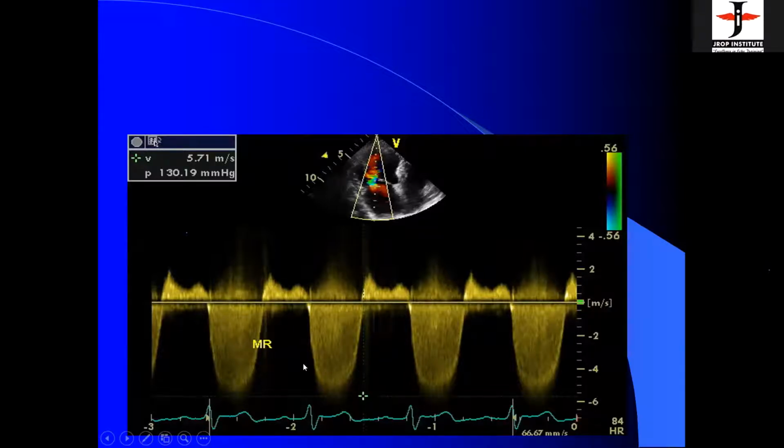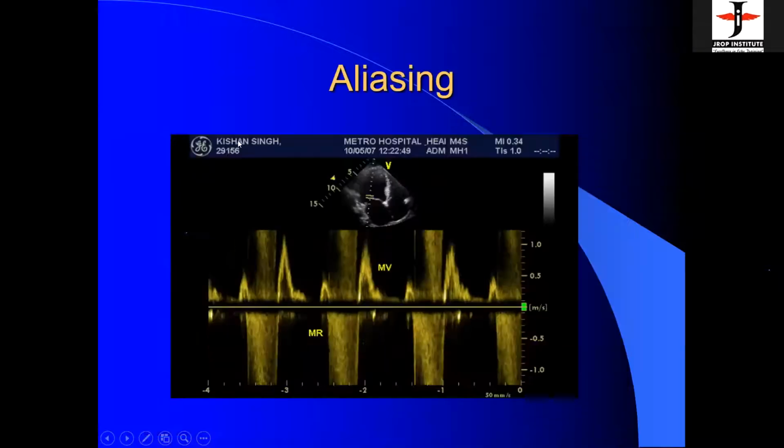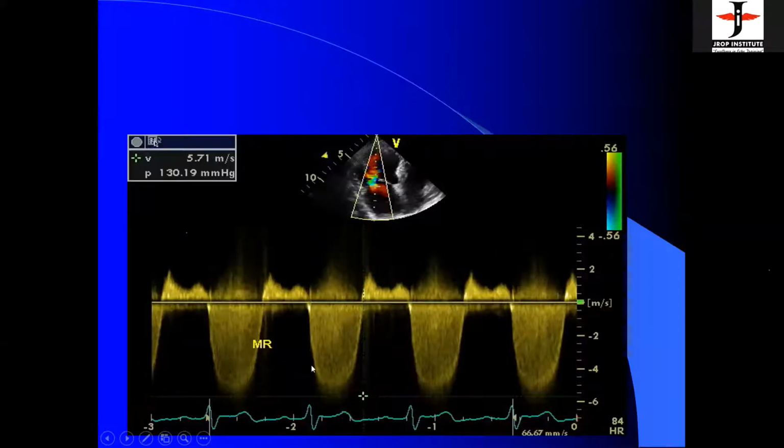The velocity was 5.71 meters per second. So the one important measure to remove this aliasing is to go to a CW. Now see, with a CW, the aliasing has disappeared and the whole of the Doppler envelope is seen.